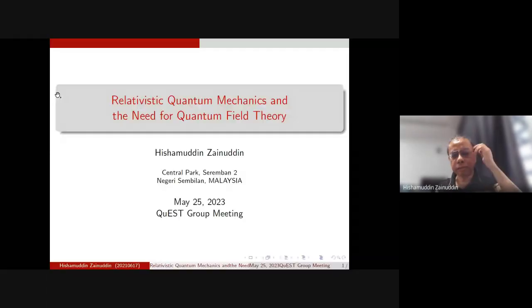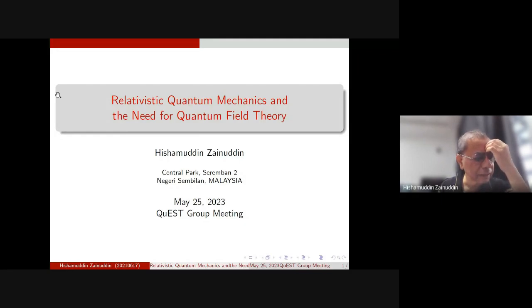One of the significant things that has not been taught to UPM students, at least, I'm not sure if you have been to other courses, then you might have seen some of this before, is to consider quantum field theory.